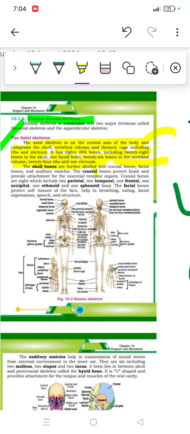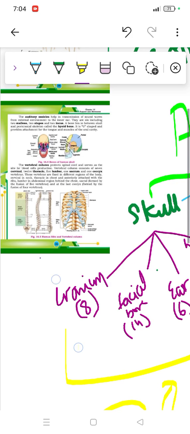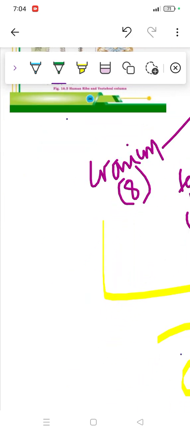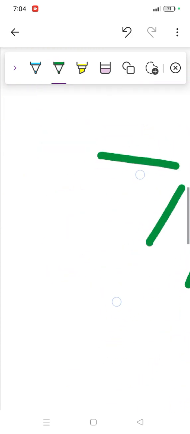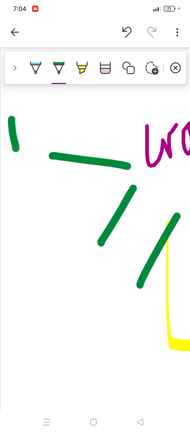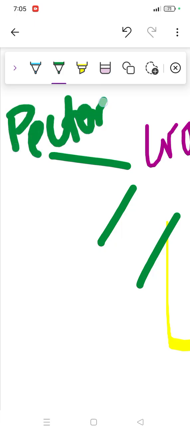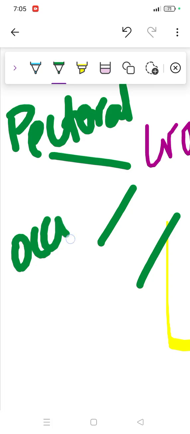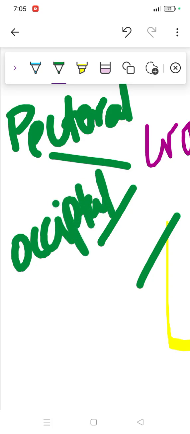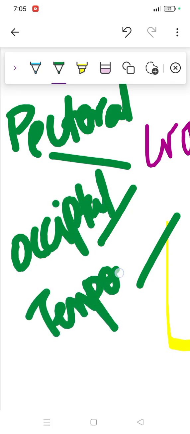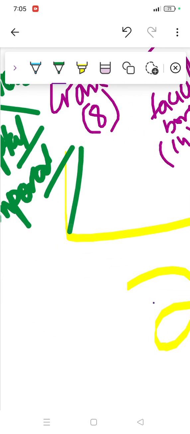Then the skull bones are again divided into two more parts. Cranial: I told you that we have around 8 bones, right? So if we count them, cranial has 8 bones: parietal, occipital, temporal, frontal.